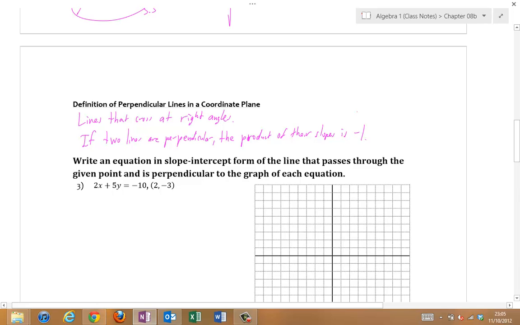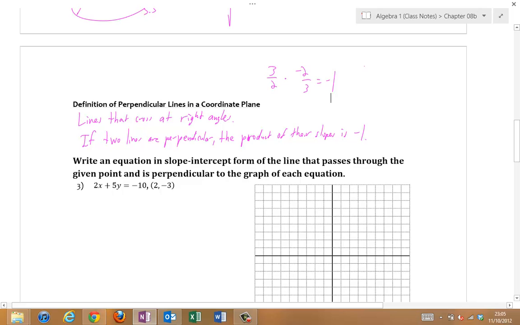That means that if I have a slope of 2, my other slope has to be -1/2, because that's the only number that I can multiply by 2 to get the product equal to -1. If I say, hey buddy, you got a slope of 3/2, what's the perpendicular slope to that? Well, the perpendicular slope would have to be -2/3, because that's the only number that can multiply by 3/2 to give you -1.